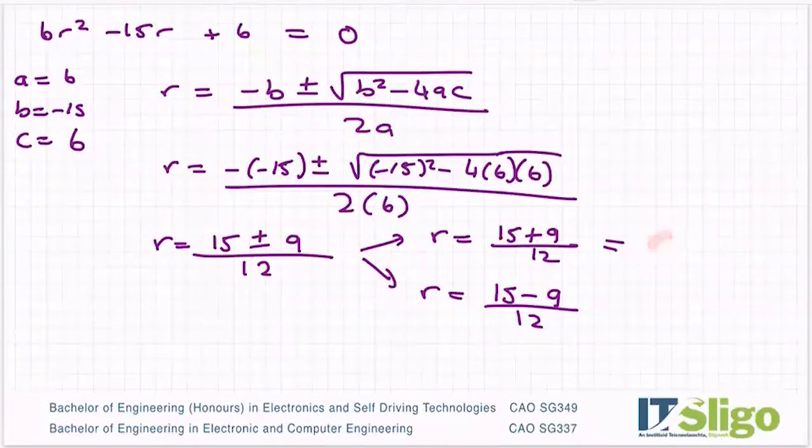And in this one, I've got r is equal to 2. And in the other one, I'm going to get a minus answer, which is equal to a half. Okay, so there are my two answers. There are my two possible common ratios, a half or 2.